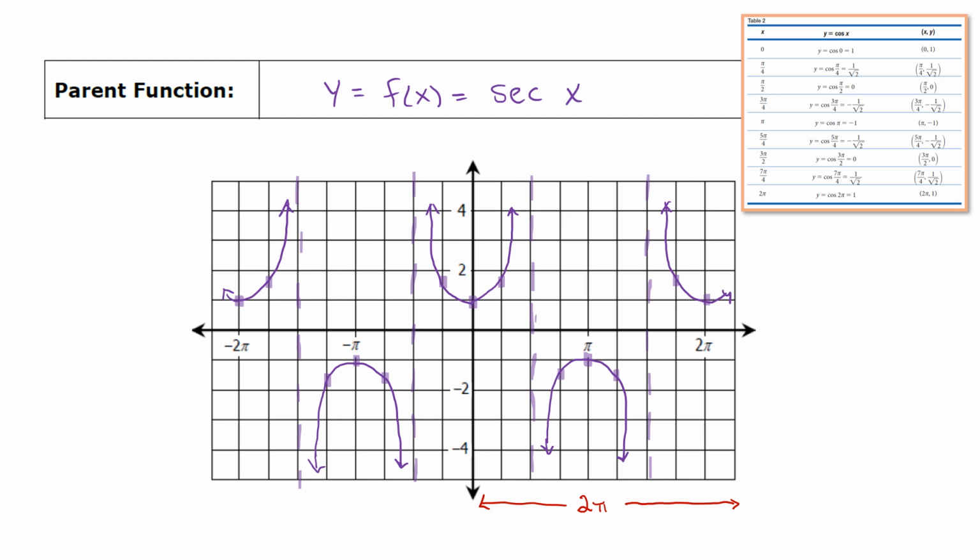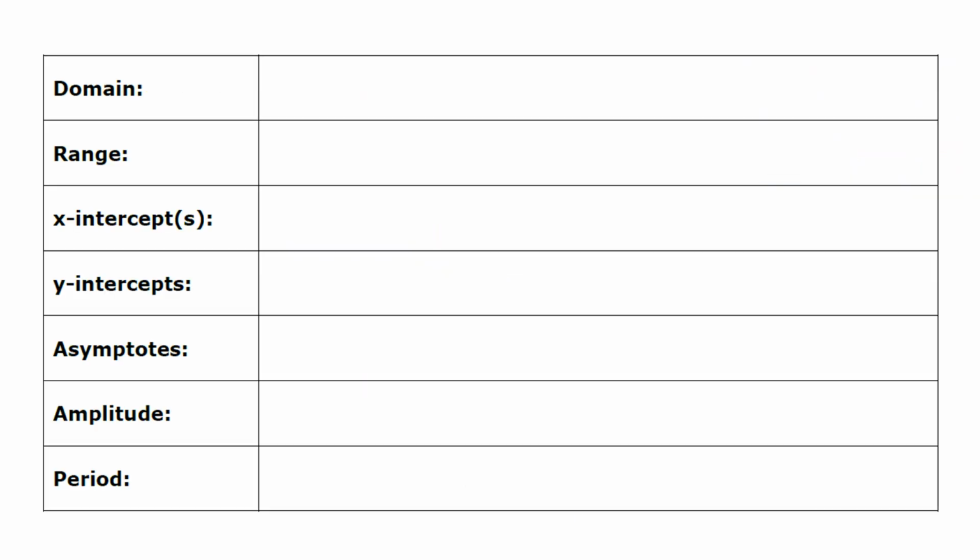Note you can see the cosine graph in the reciprocal secant graph. Okay. Awesome. All right, let's look at some properties.